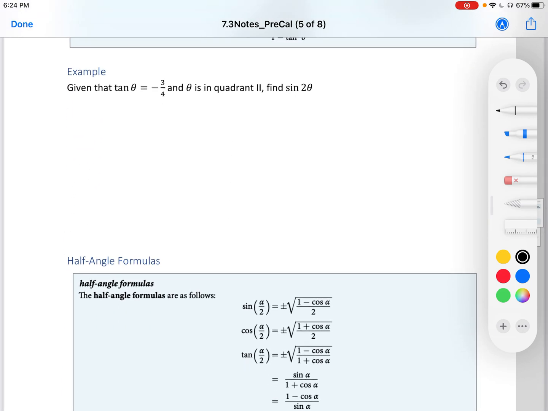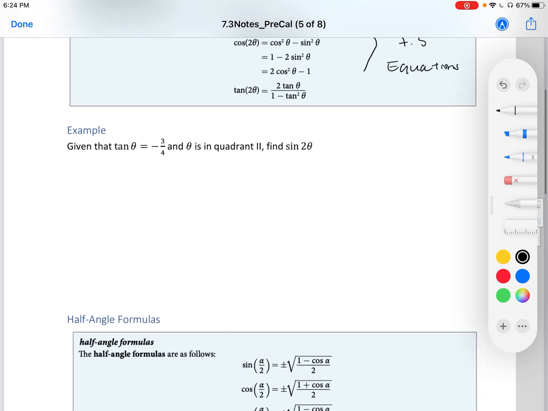So this first example reads: given that tangent theta equals negative 3 over 4 and theta is in quadrant 2, find sine 2 theta. So just like before, we can use our equations to find unknowns. Now what we need to find is sine 2 theta.